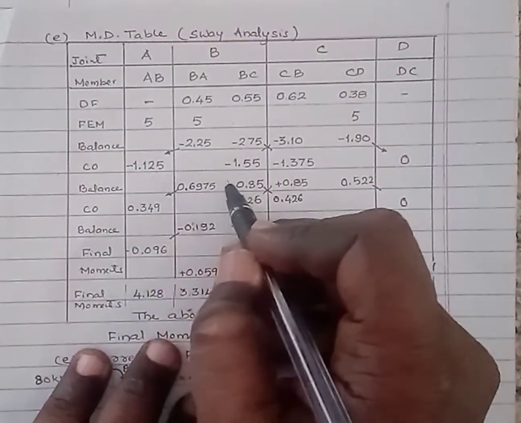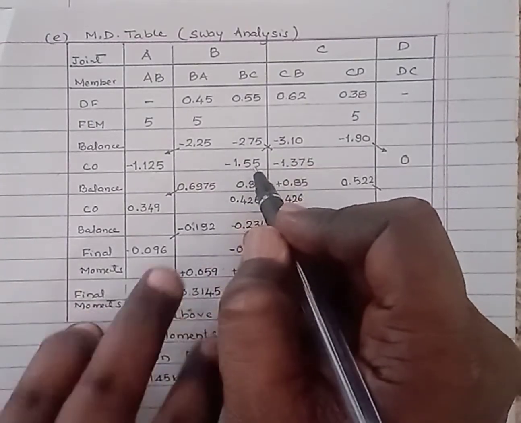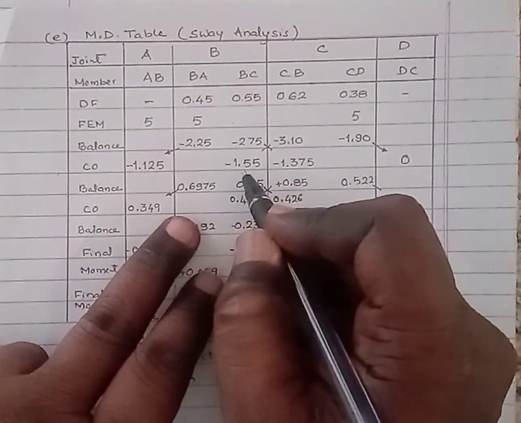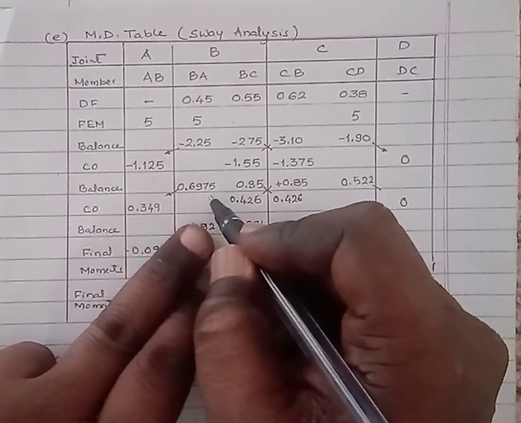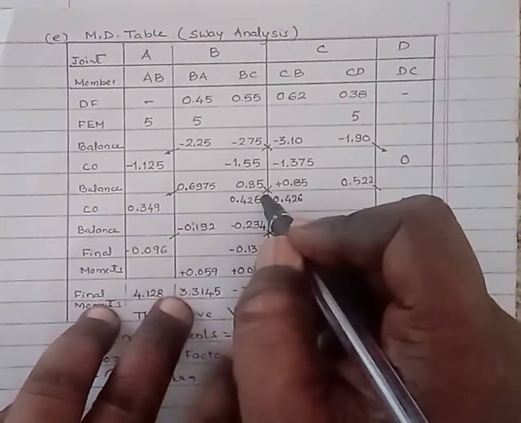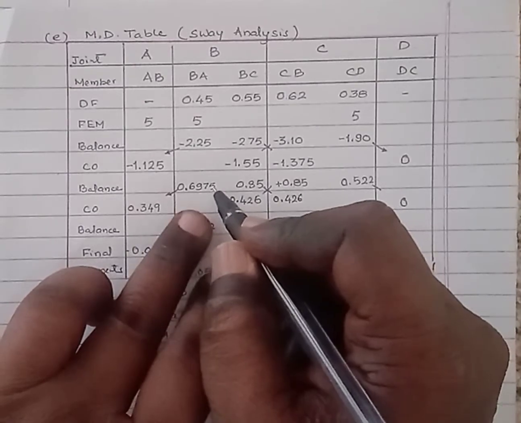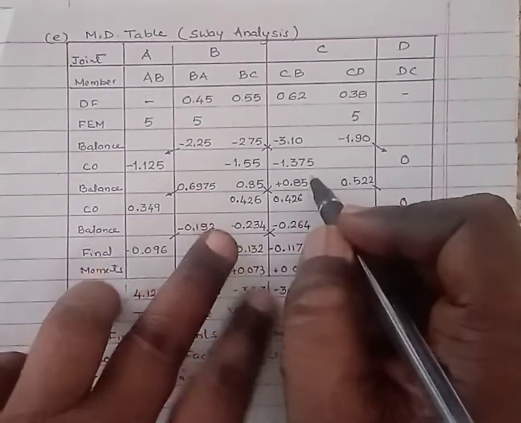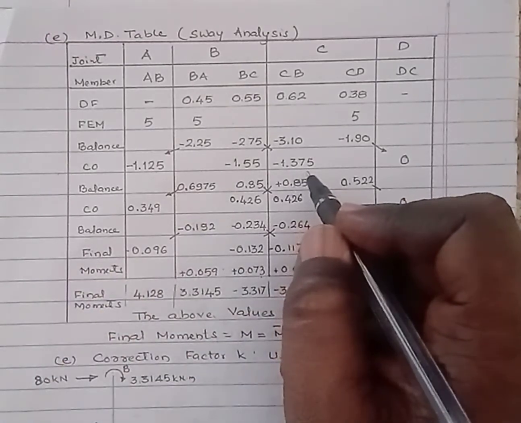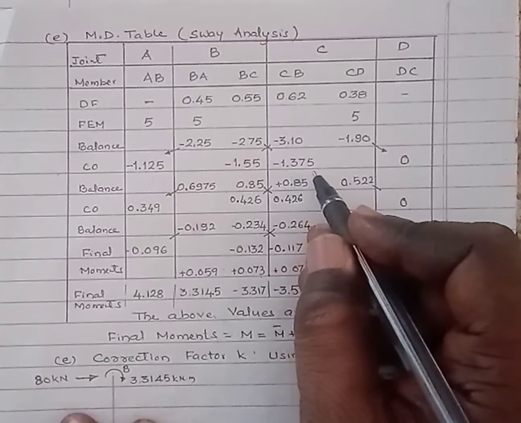Then again we have to balance the moment at joint B and C. At joint B, by adding plus 1.55, 1.55 into 0.45, that is 0.6975, and 0.85 are the moments distributed among BA and BC. Then at joint C there is an unbalanced moment of minus 1.375.